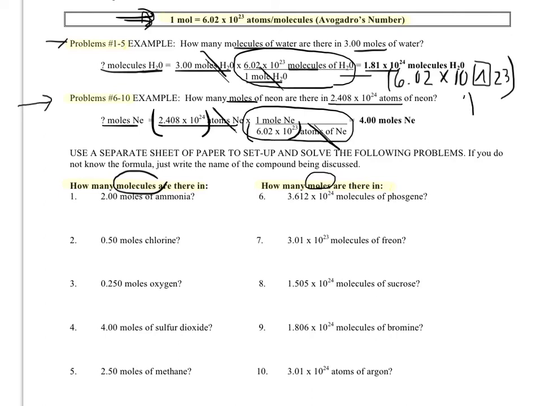So if you're working with a caret key up here rather than the EE button, you need to be very careful that both of those scientific notation numbers go into parentheses, and make sure that you do get a final answer of 4, not 4 times 10 to the 47th or 4 times 10 to the 48th. If that's what you're getting and you can't figure out how to fix it, then we definitely need to look individually at your calculator the next time that you are in class. So follow that second example for problems 6 through 10 when you get into class next.